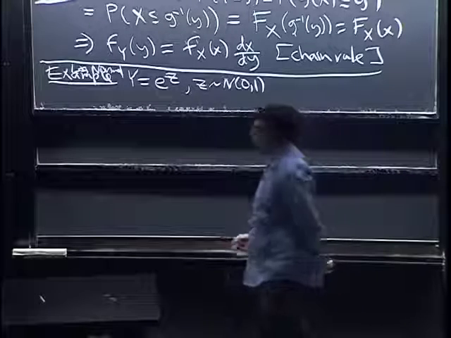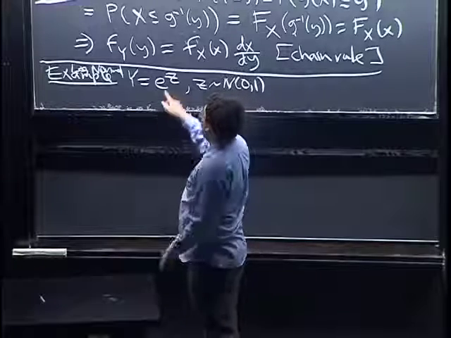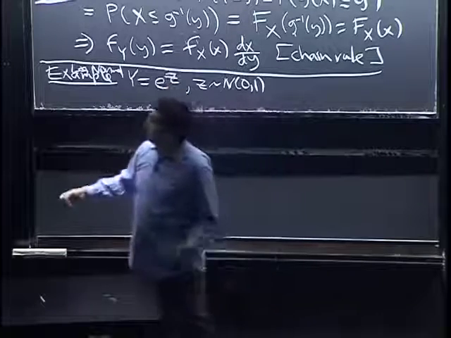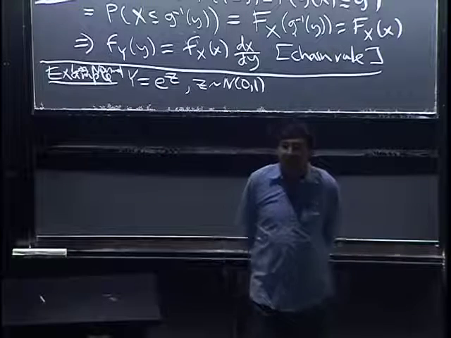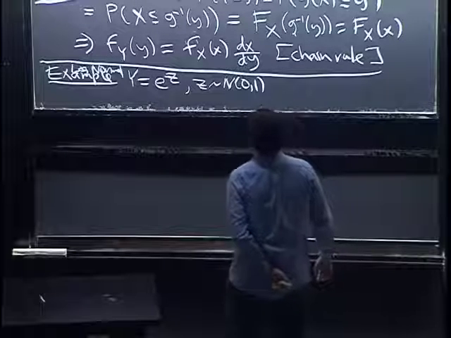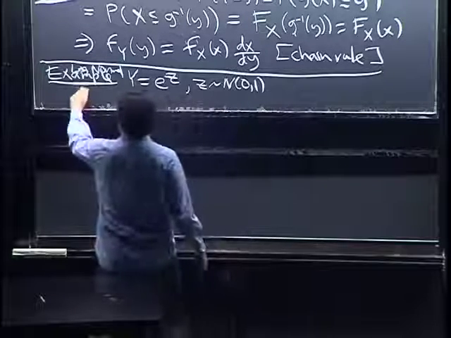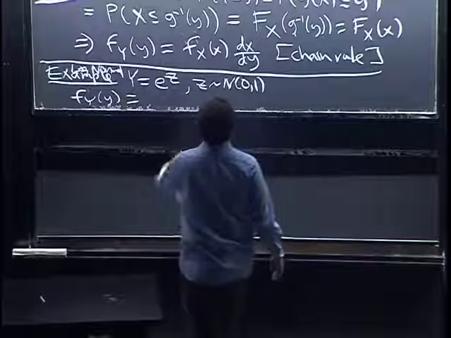We want the distribution. This transformation is an increasing function. It's infinitely differentiable, a very, very nice function. So there's no problem with applying that result. And we can immediately write down the PDF: f_Y of y equals.